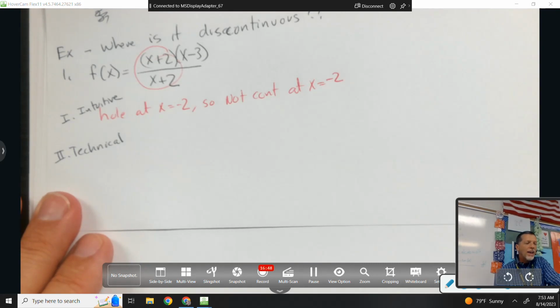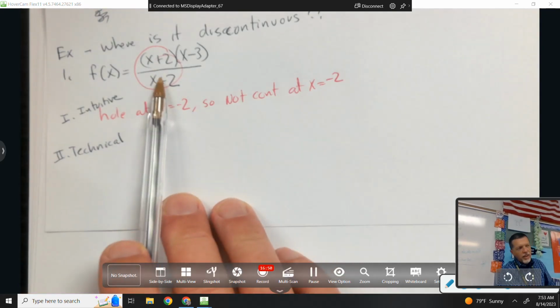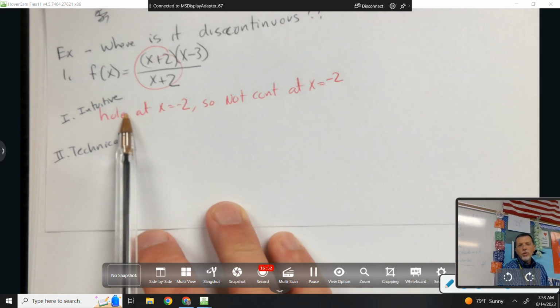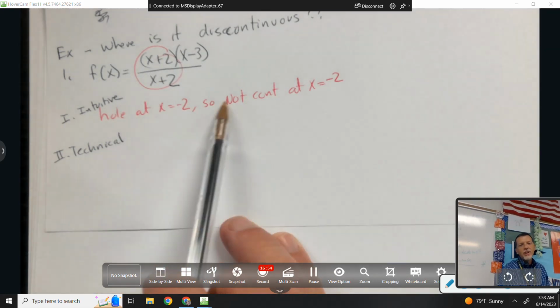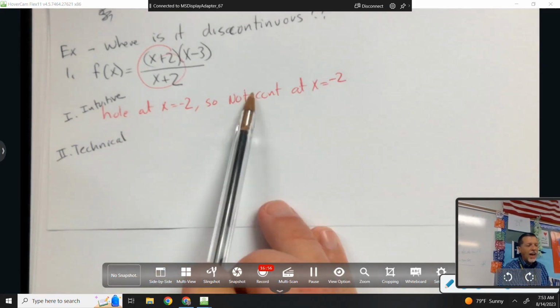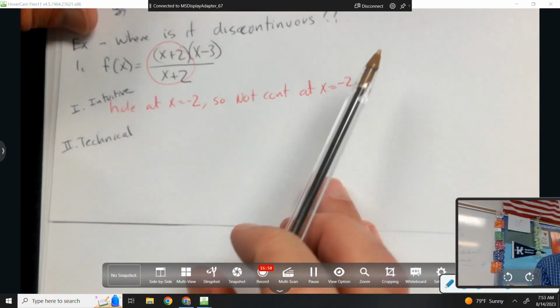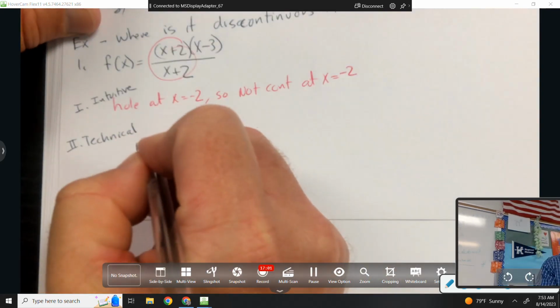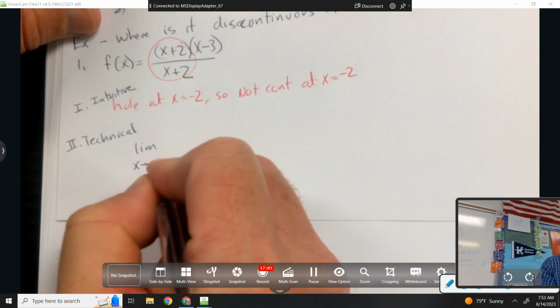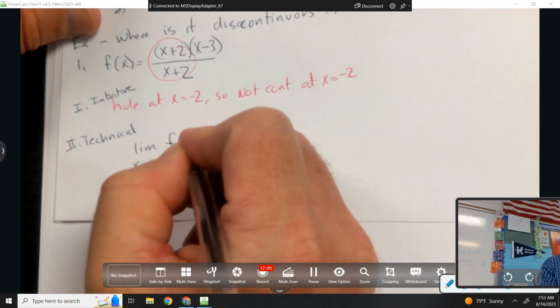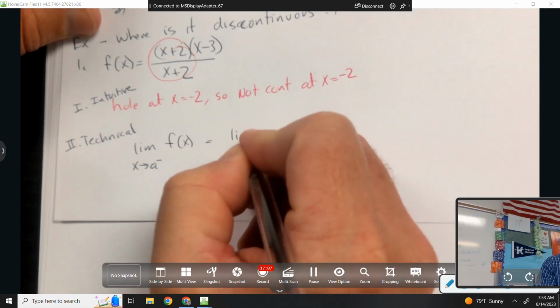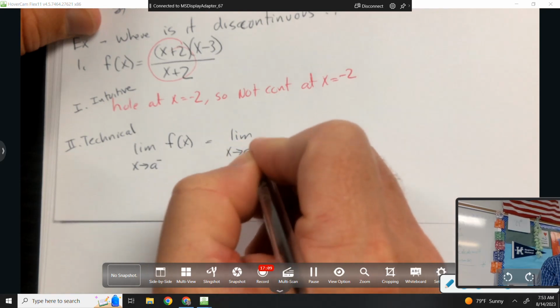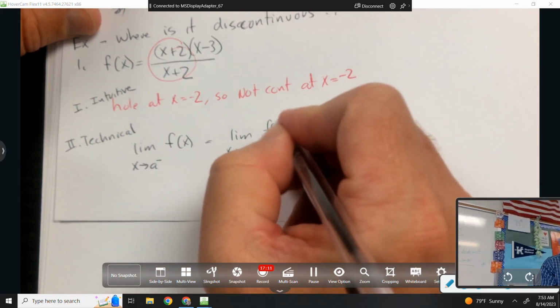But if I ask you to show where this thing is discontinuous or prove that it's discontinuous somewhere, I want you to think that and know that, but I want to see this sort of three-sided equation here. And so I would just start by writing the three-sided equation, and then we'll figure out where it breaks down.